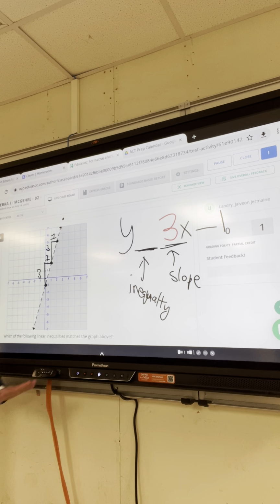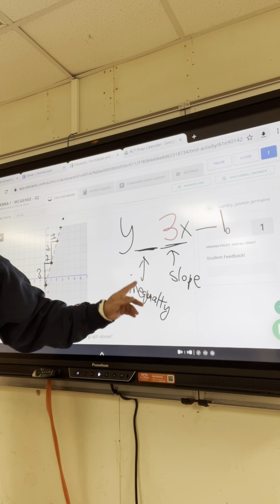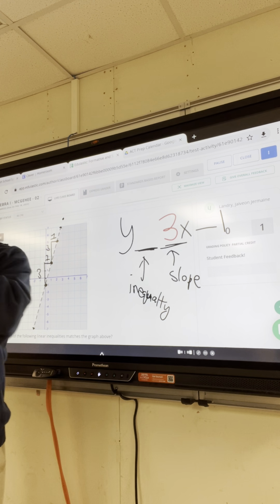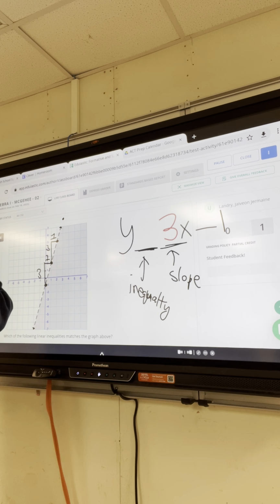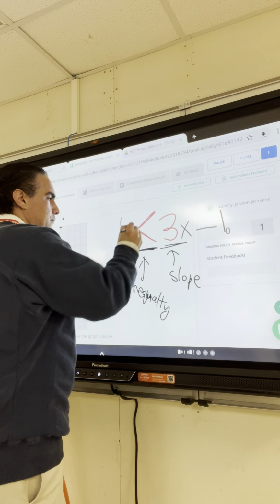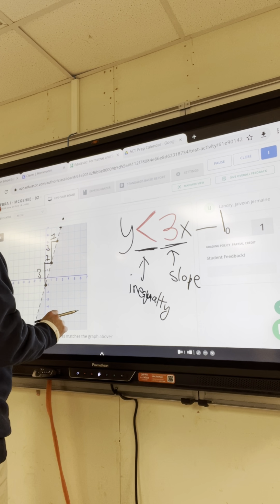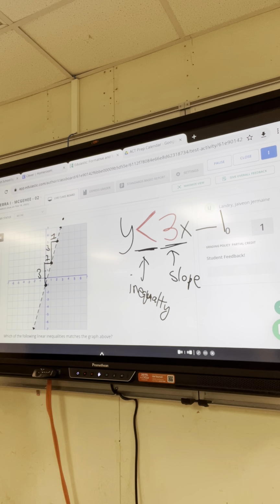If I'm shaded below a dashed line, is y greater than, less than, greater than or equal to, or less than or equal to? Less than. Y is less than 3x minus 1.